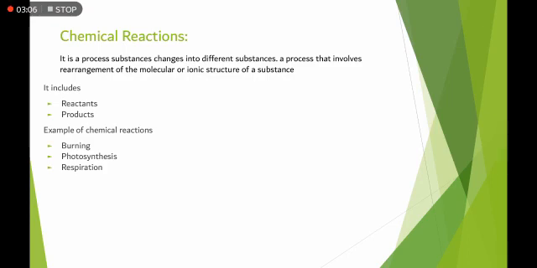For example, we will take the example of burning. In burning, we will give heat to the carbon, and carbon will mix with the oxygen in the environment and form carbon dioxide. What happens here? Carbon and oxygen rearrange themselves to form a new substance which is carbon dioxide.